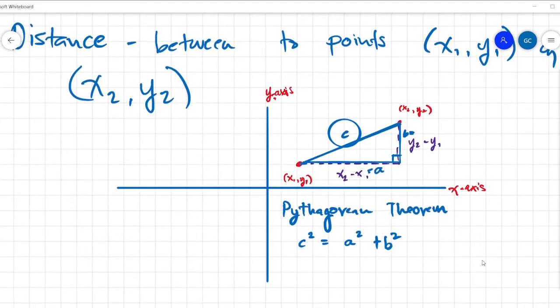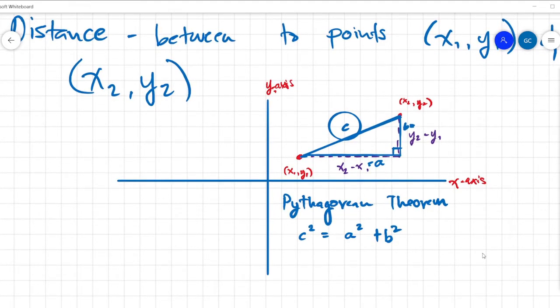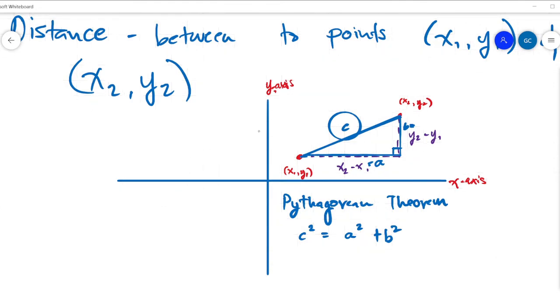And in this scenario, C is just equal to the distance between our 2 points. So that will be that line C here. And A is equal to x2 minus x1, and B is equal to y2 minus y1.